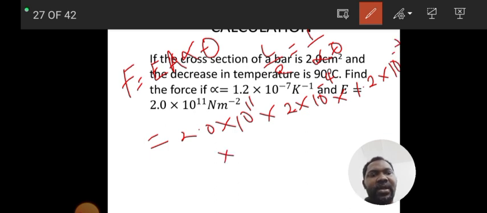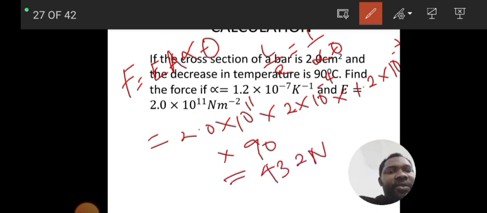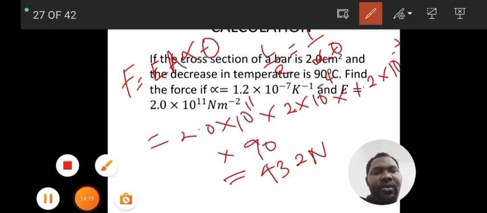Then we multiply by the temperature change, which is 90 degrees Celsius or 90 Kelvin. So if we do that, we get the force here is 432 newtons. Okay, so that's a beautiful one.